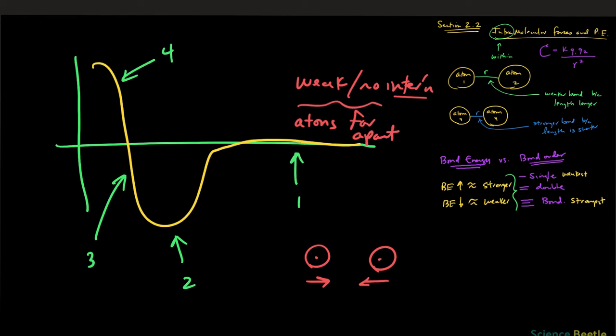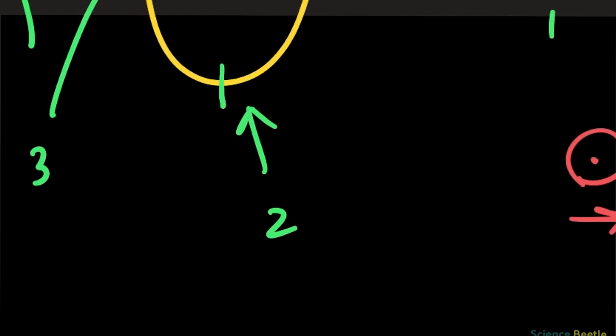The point down at the bottom essentially marks the section where the attractions are balanced out with the repulsions. Now, be familiar with what those attractions are. The attractions we're referring to here are the attractions from the positive core of one atom to the electron of another, and vice versa.